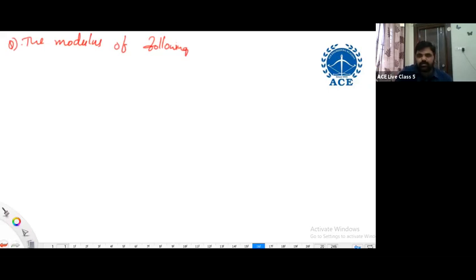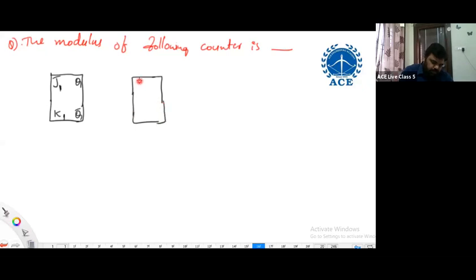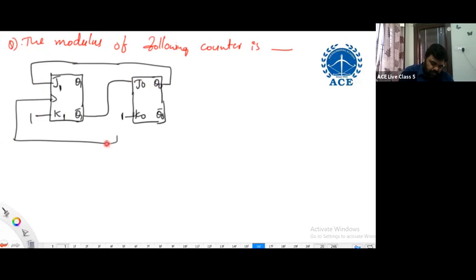The clock is synchronous. What is the modulus of the counter given?